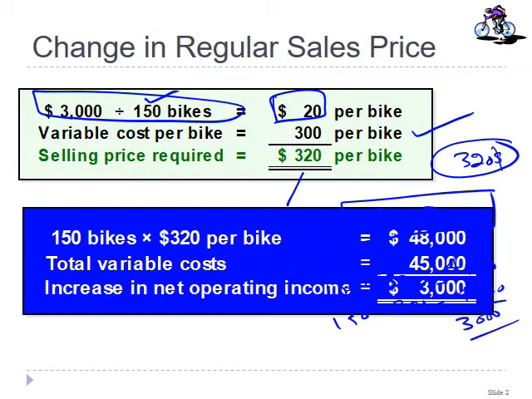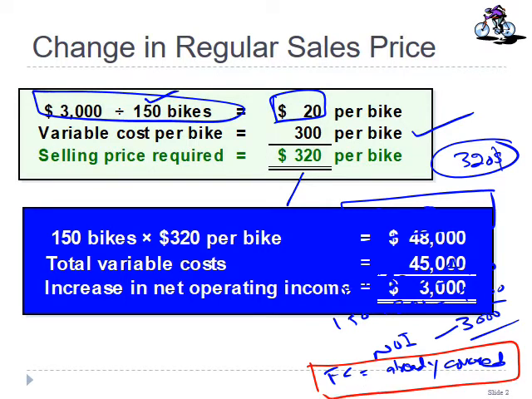The answer is 3000. That will be added to our net operating income. Why? Because fixed cost is already covered. So recall our definition of contribution margin: after covering fixed cost, whatever comes from sales minus variable cost directly goes to net operating income, right?